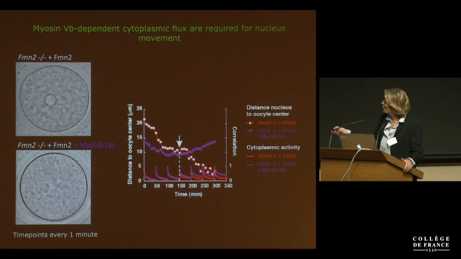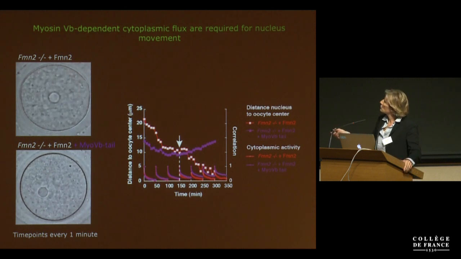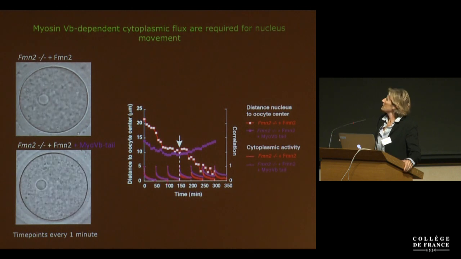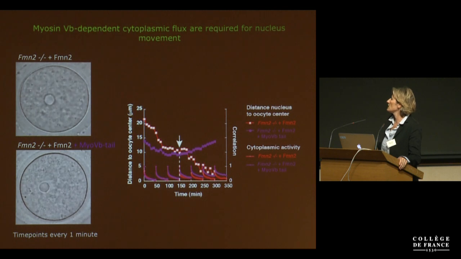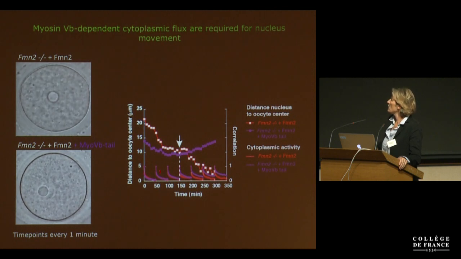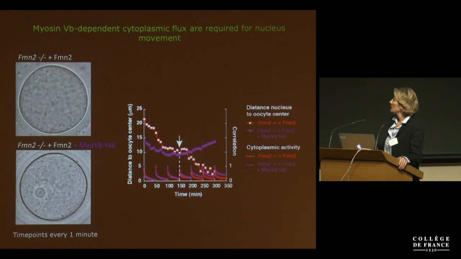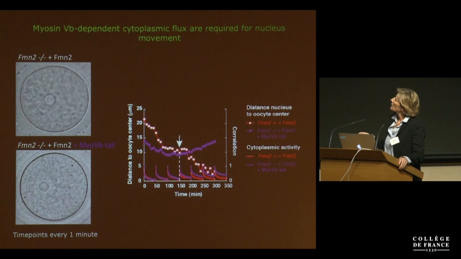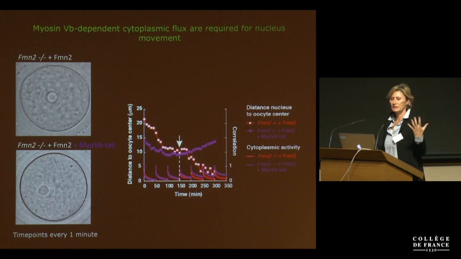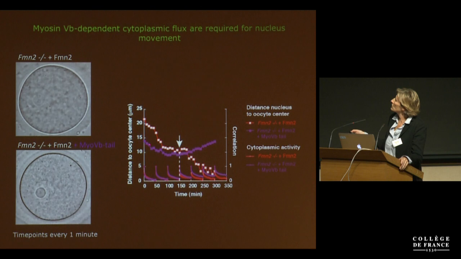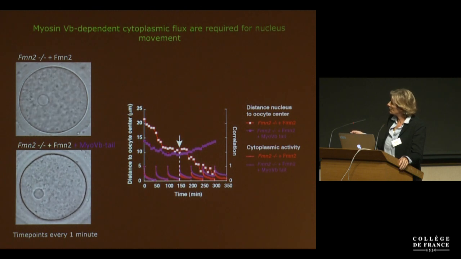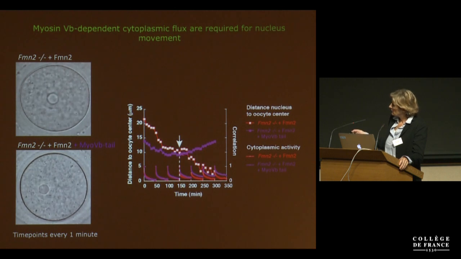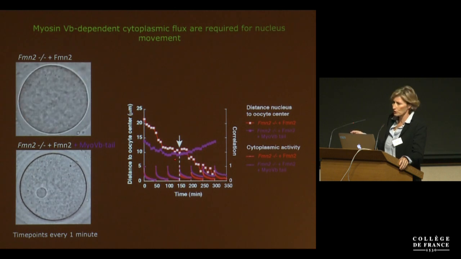You see that in the control, so this is this red curve, the nucleus centroid will migrate from the periphery to the center, and at the same time, if you look at the evolution of the correlation coefficient in red, it drops all the time, very rapidly, whereas when you express the myosin 5B dominant negative construct, at the beginning, probably the dominant negative hasn't taken its effect, so the nucleus starts migrating to the center, the correlation coefficient drops very rapidly, and then suddenly, the nucleus centroid stops its motion towards the center.